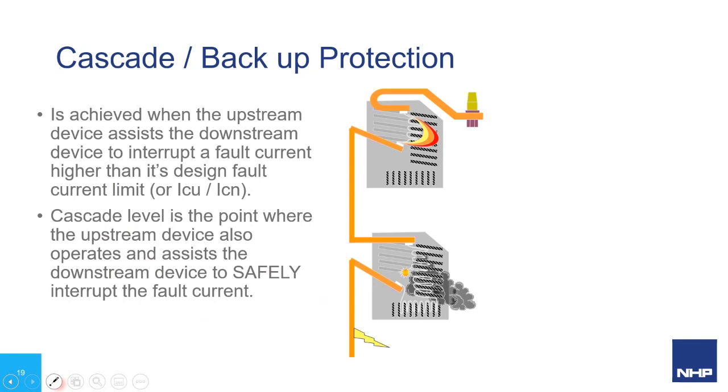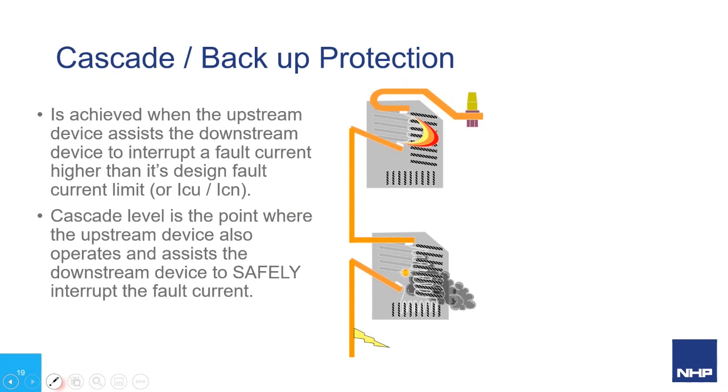Let's look at the term cascade or backup protection. Cascading is achieved when the upstream device assists the downstream device to interrupt a fault current higher than its designed fault current limit, ICU or ICN. Now, the cascade level is the point where the upstream device also operates and assists the downstream device to interrupt the fault.